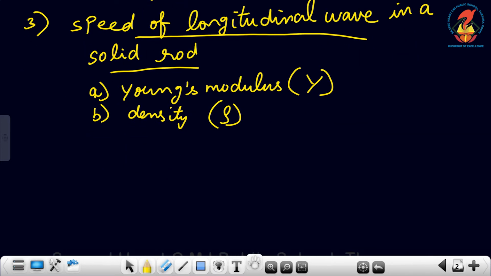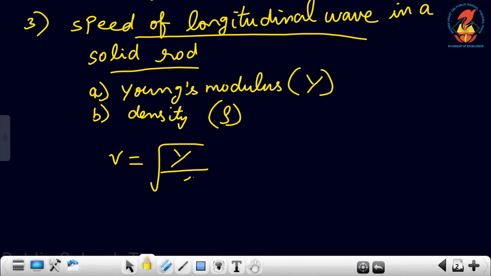So, the equation will be V is equal to root of Y by rho.